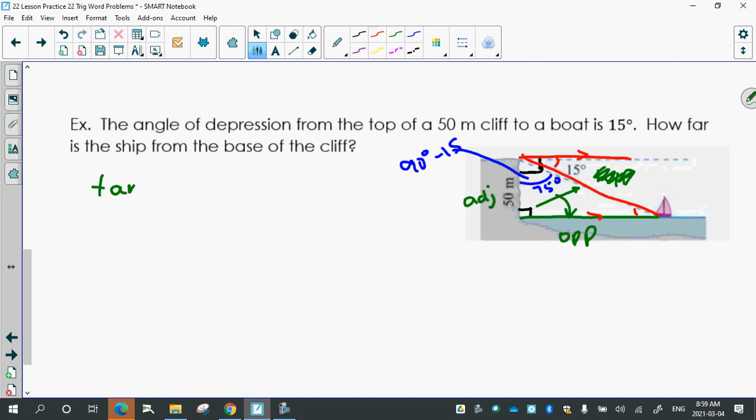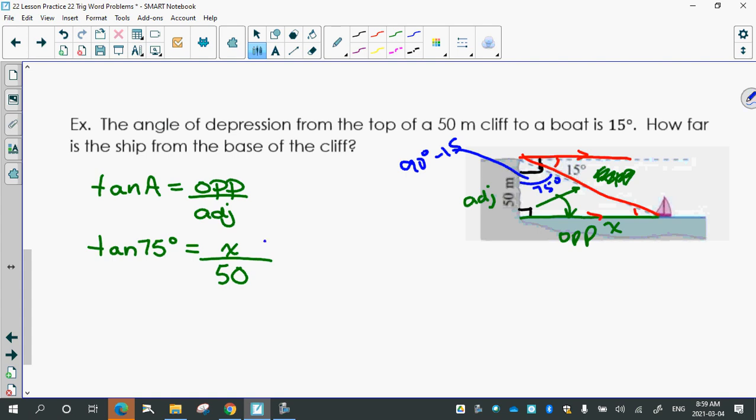So tan of an angle is equal to the opposite side divided by the adjacent side. So tan of the angle, which we know is 75 degrees, is the opposite side, which we don't know, so I'm going to call that x, over the adjacent side, which is 50. And I want to solve for x, so what am I going to do to both sides?